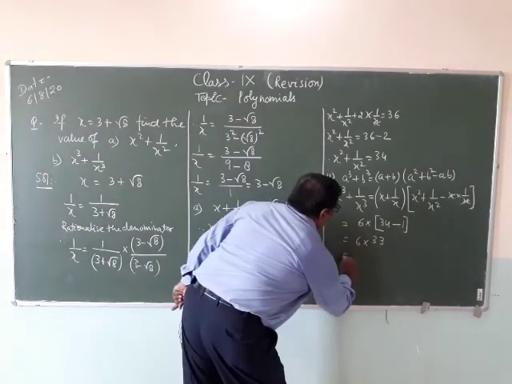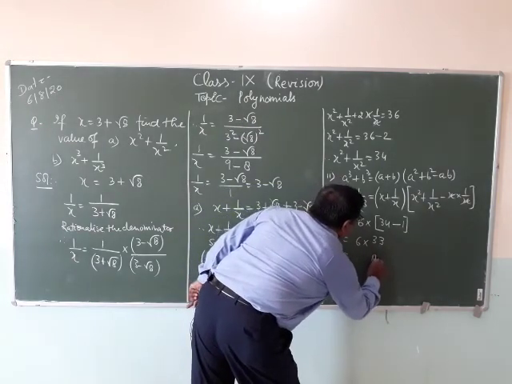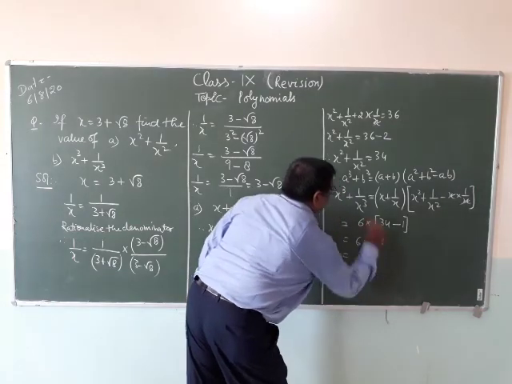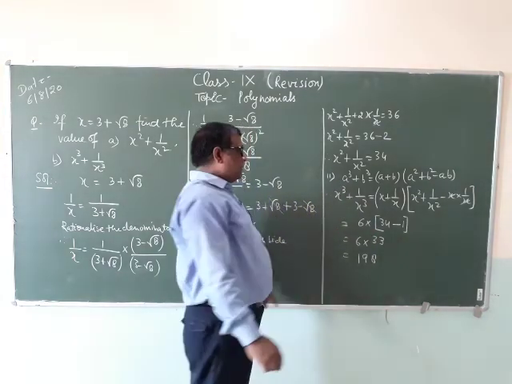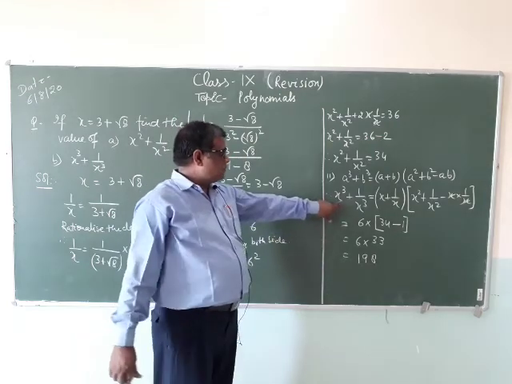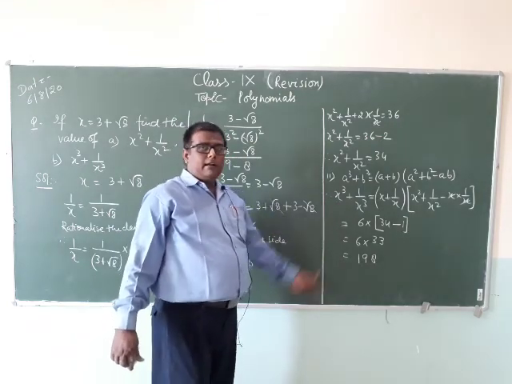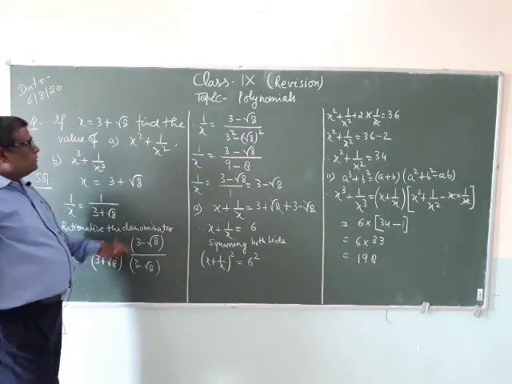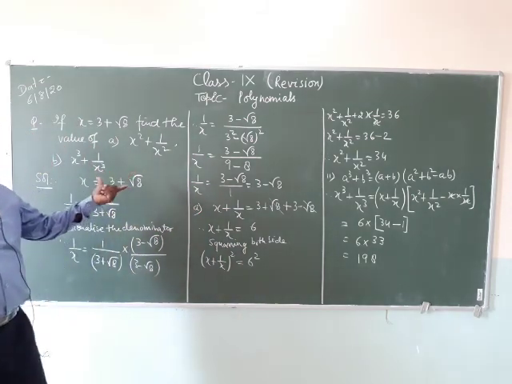Now multiply: 6 times 3 is 18, and 6 times 3 is 18 plus 1, that is 198. This is the value of x cube plus 1 by x cube. And now we have to find some other values from this basis. Thank you.